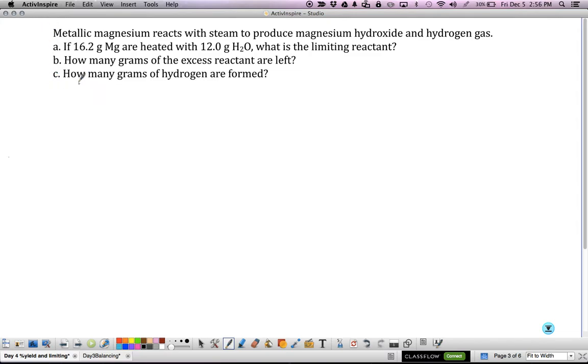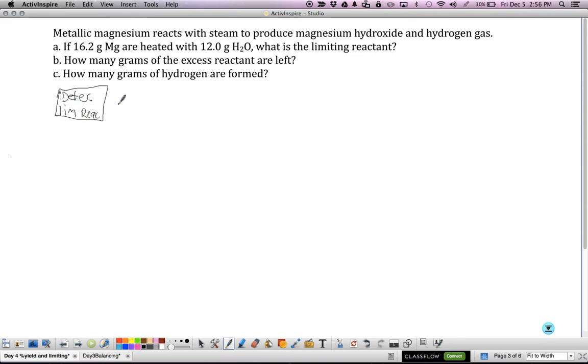So the first thing that we're going to do is determine the limiting reactant.